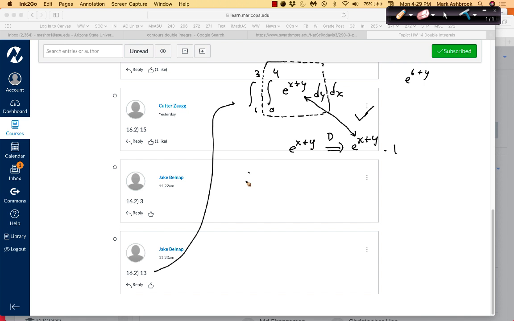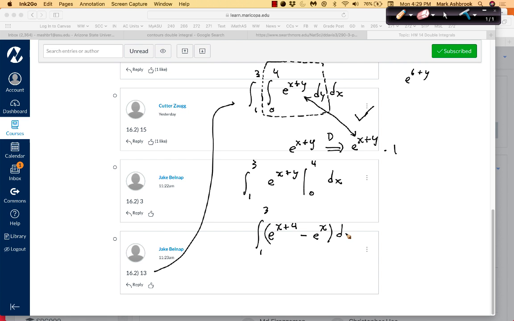Okay, so it's going to be 1 to 3 of the antiderivative of e to the x plus y, evaluated from 0 to 4 with respect to y. So we plug 4 in for y, 0 in for y. I get e to the x plus 4 minus e to the x, and that from 1 to 3.